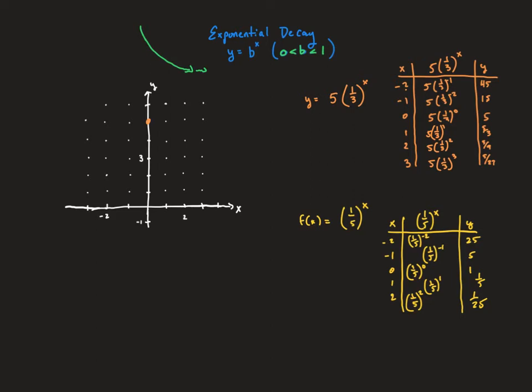Then when x is 1, we're at 5/3, which is almost 2. Then when x is 2, we're at 5/9, which is just a little bit more than a half. And then we keep approaching closer and closer.